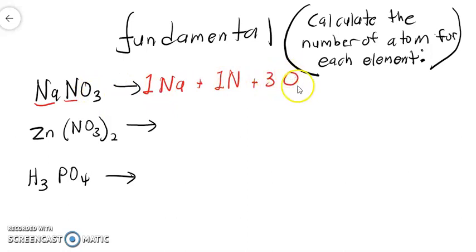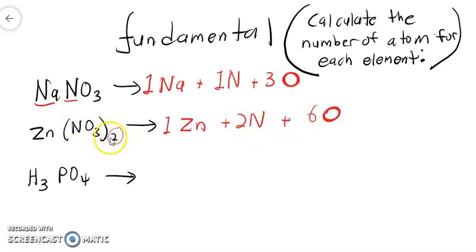You have 3 oxygens. Now look at the second one, Zn(NO3)2. The zinc, there is no number here, so we have 1 zinc. But in the bracket here, you have 2, so this 2 you have to multiply. So the nitrogen here you have 2, and oxygen you have 6, because 2 multiplied with 3 gives 6.